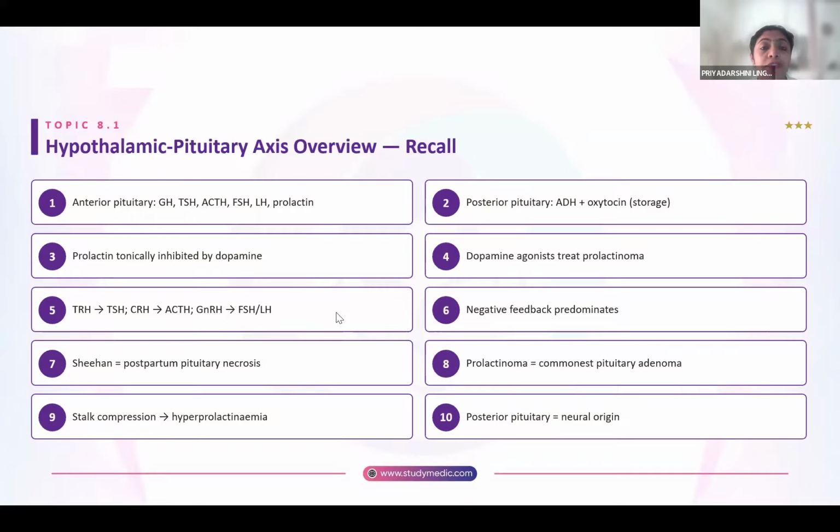Your negative feedback mechanism is the one predominating for the control or regulation of these hormonal cycles. And Sheehan syndrome is the one that you see for postpartum pituitary necrosis. Most common cause of prolactinoma is pituitary adenoma. So whenever there is compression of the neurohypophyseal stalk, it leads to hyperprolactinemia. Posterior pituitary, you need to understand it is of neural origin.